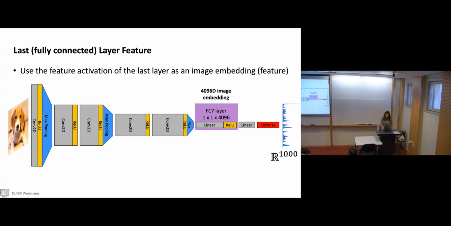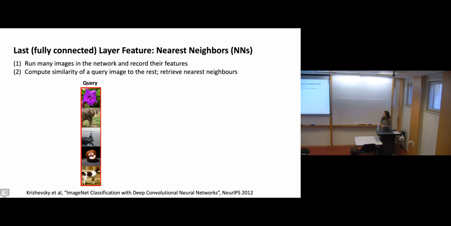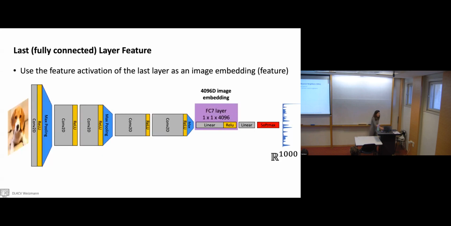The most straightforward way of doing that would be to take a collection of images and run many different images through our neural network. I'm going to save the output, this 4K dimensional vector, for each image.